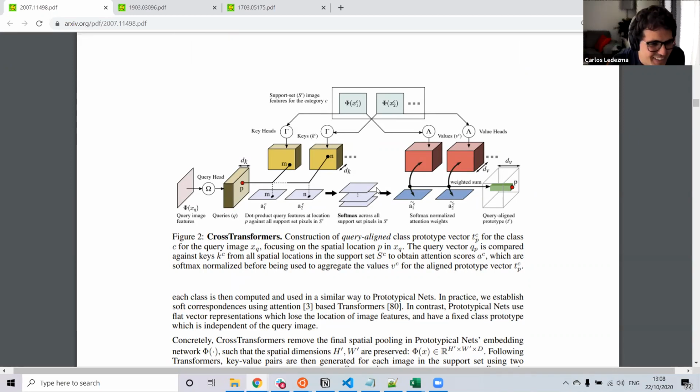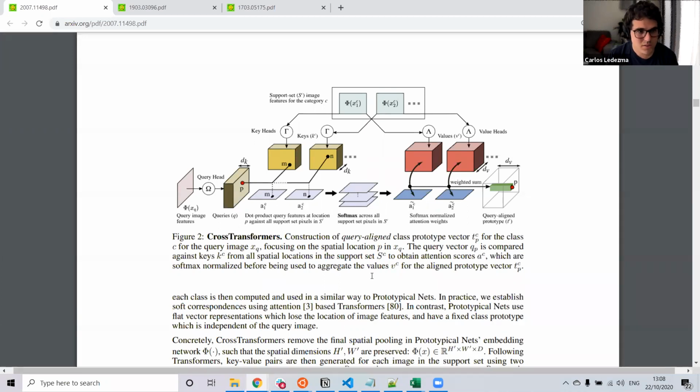Probably. Because you're using this idea that transformers can process two sequences at the same time, right? But what they're doing is computing the embedded transformation for all images in the same class.